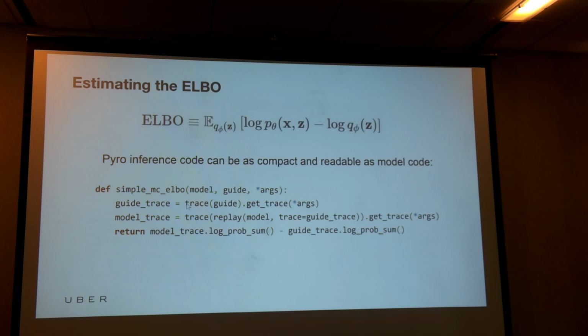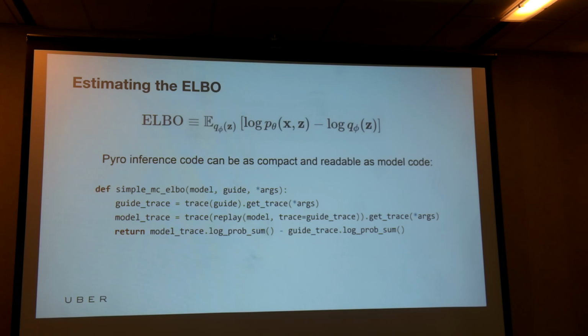So we collect a data structure, a dictionary that contains the inputs, outputs and distributions of all of the sample sites that we encounter in the course of executing the guide. And then we replay the model against that data structure we got from the guide, which means that every unconstrained sample site in the model will now return, instead of a sample from whatever distribution is there, the value that's in this data structure.